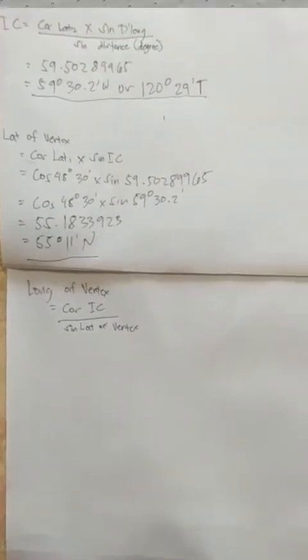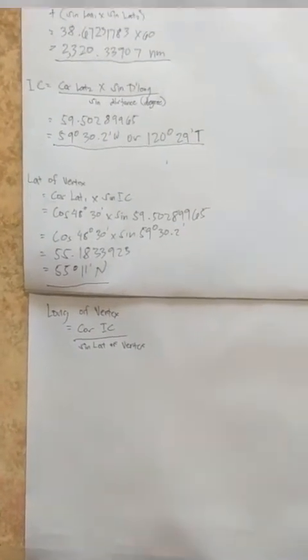To get the longitude of vertex, the formula is cos initial course over sin lat of vertex. So we have to write it.